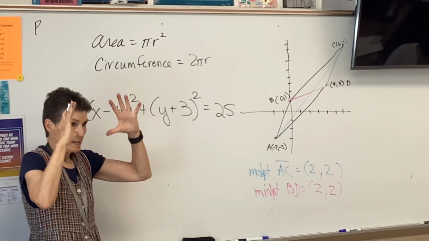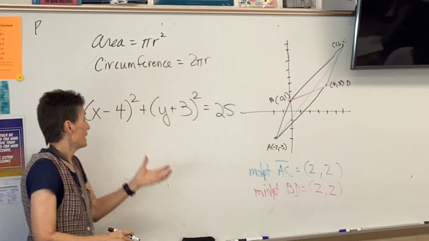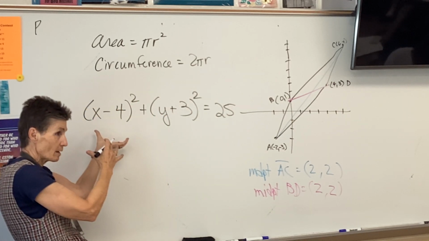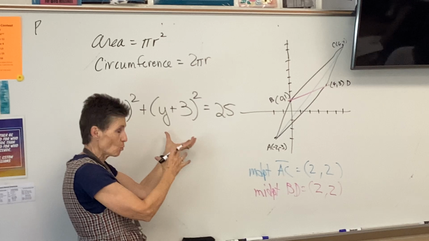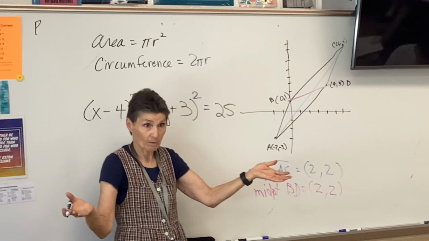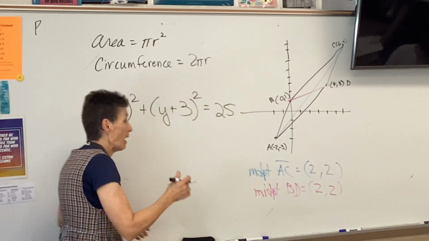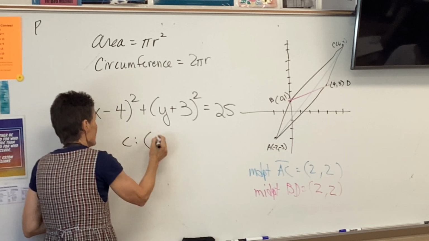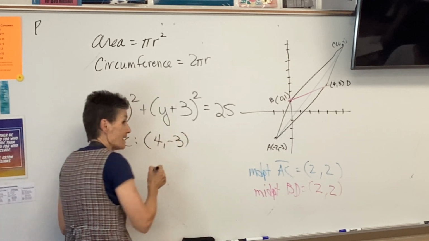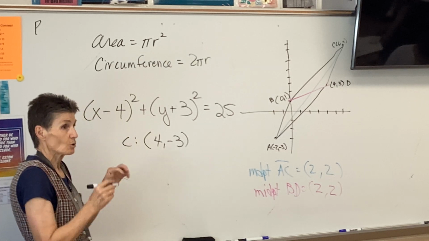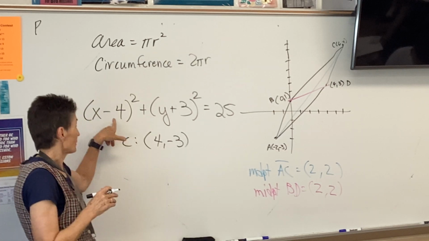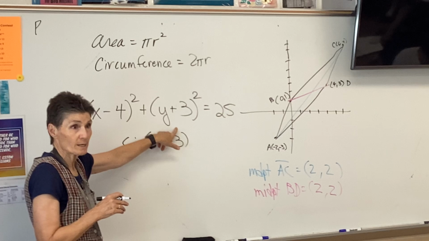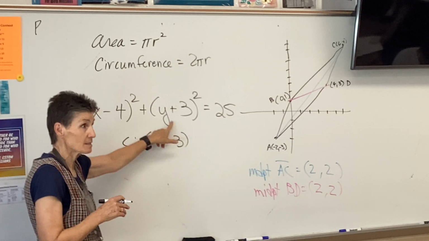A circle equation has something squared plus something squared equal to a number. Now, the center of this circle is the point (4, -3). So where did that come from? (4, -3) is the opposite of these.